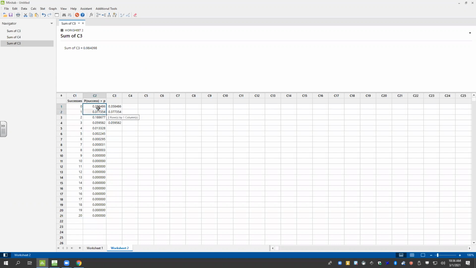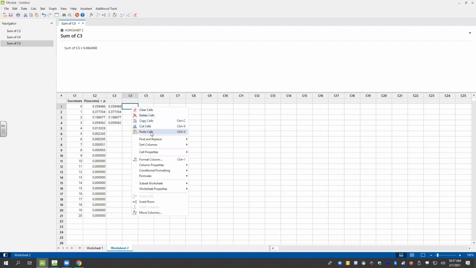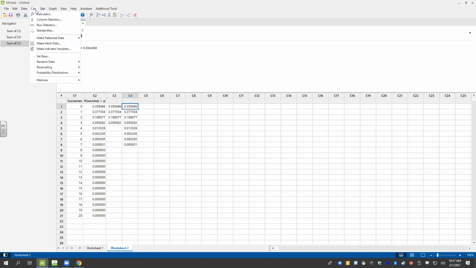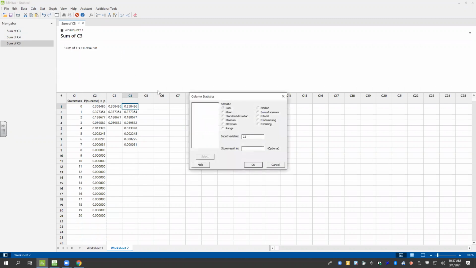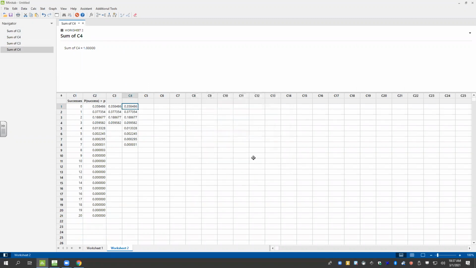So 0, 1, 2, 3, 4, 5, 6, 7. Copy, paste, calculate, column statistics. I'm in column 4 now. Okay. We actually get a value of 1, which means you would definitely get fewer than 8 people that are scared to be at home alone at night.